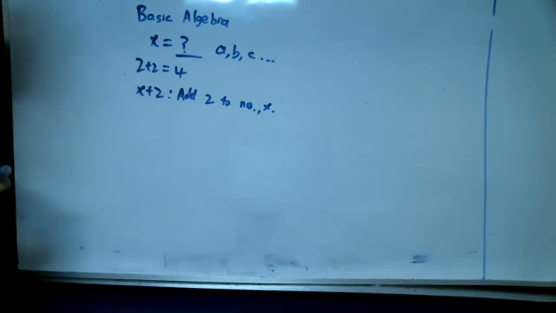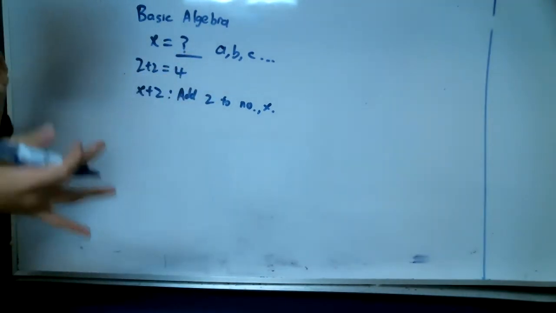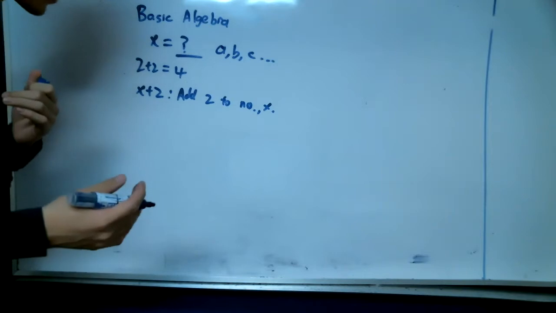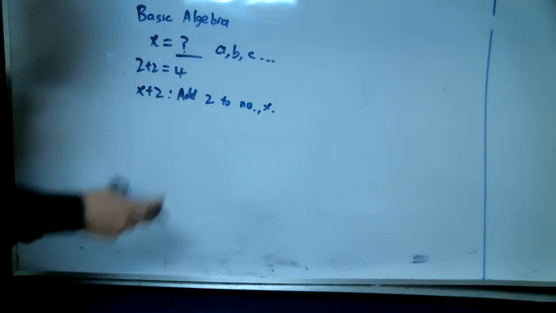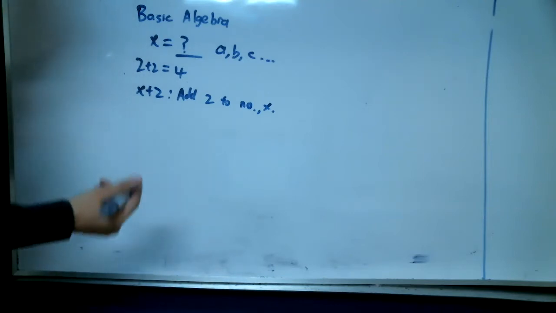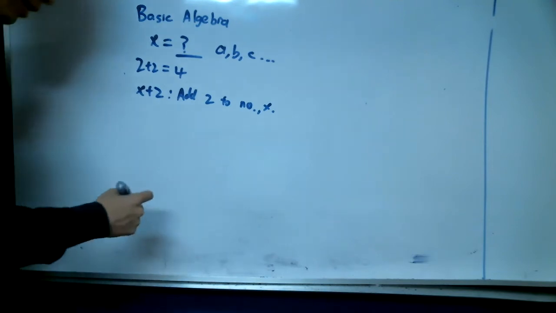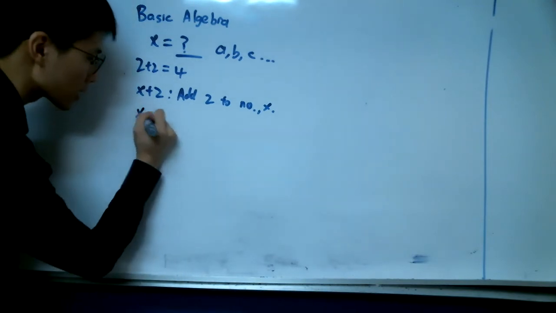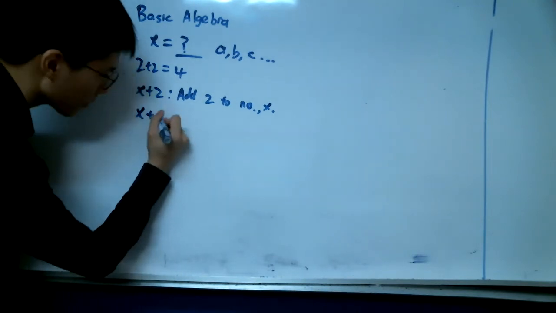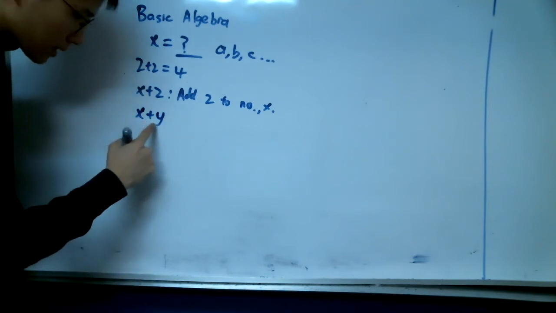Now, since x, A, B, and C are letters used to represent numbers, we can also do our normal operations on them. As shown here, this is addition, x plus 2. And if I have, let's say, x plus another number, y, then this is unknown number x plus unknown number y.